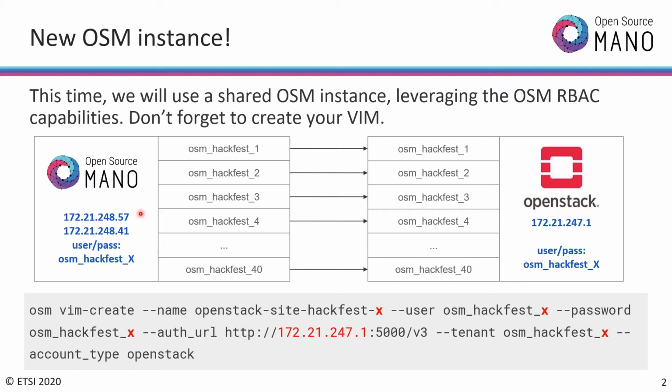So some of you will be in the .41 and others will be in the .57. So please go to your server and then execute the hands-on part of this presentation.